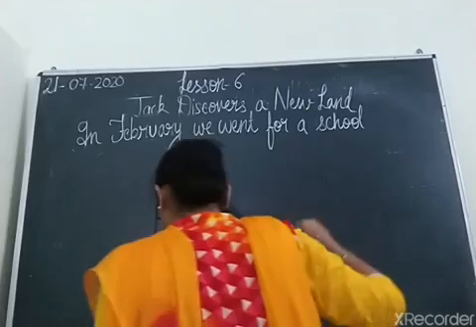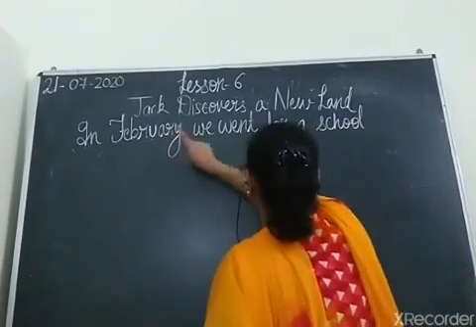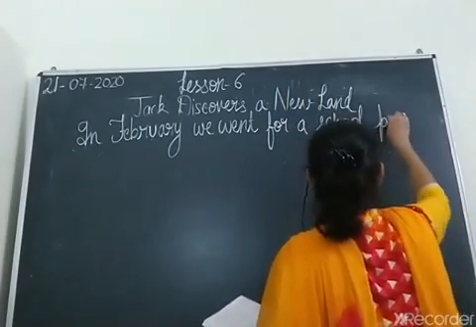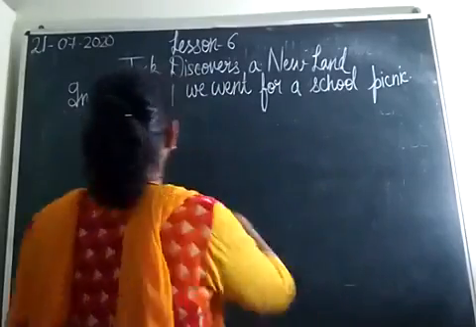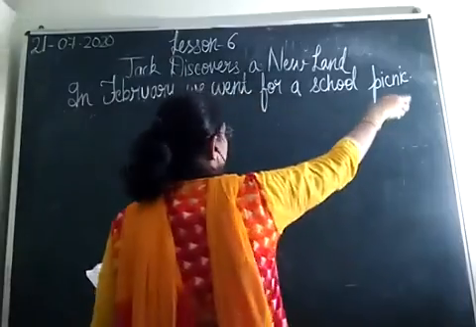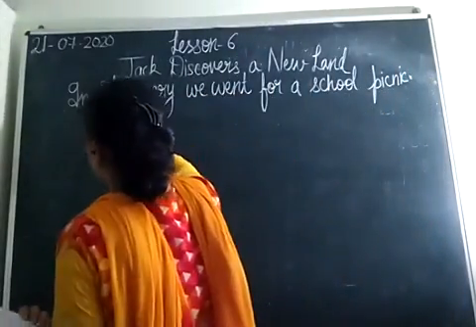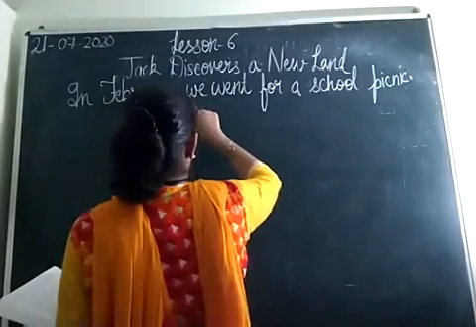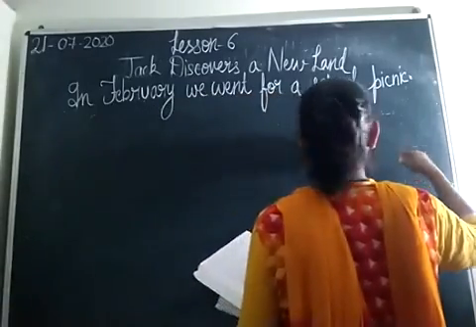You can see the first clue is school picnic. I have framed a sentence: In February, we went for a school picnic. This is the first line of the paragraph. After picnic, please put a full stop. Again, I am revising the spelling of February: F-E-B-R-U-A-R-Y. In February, we went for a school picnic.